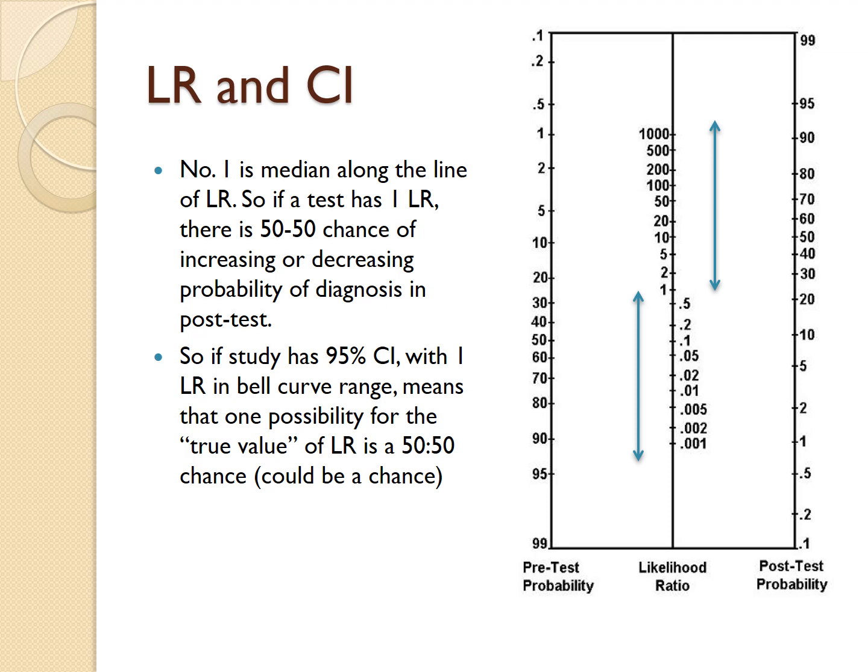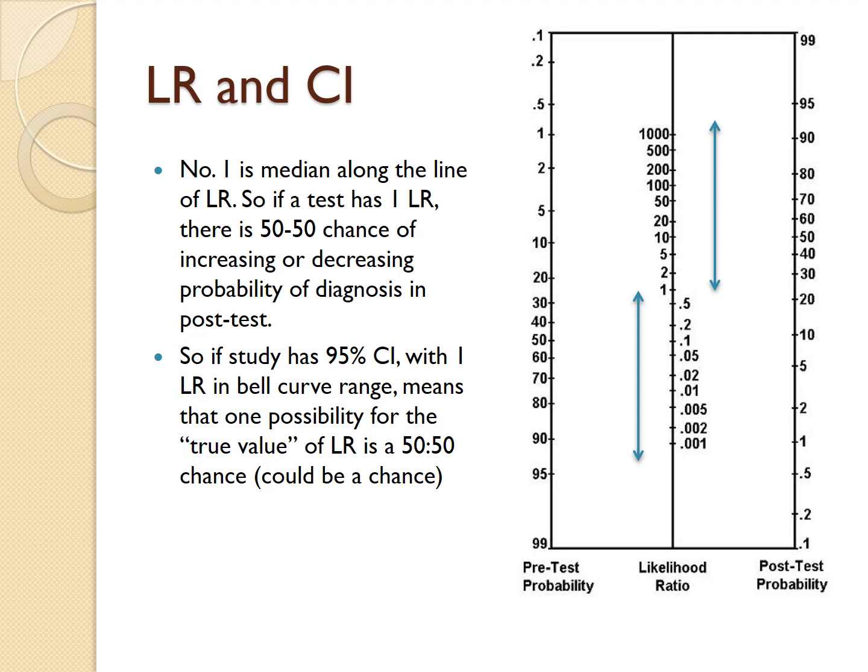What it means is, if the test has a likelihood ratio value of one, there's a 50-50 chance of increasing or decreasing the probability of diagnosis in post-test, because it will all depend upon the pre-test probability, what the value of pre-test is, because one is the median in the likelihood ratio.